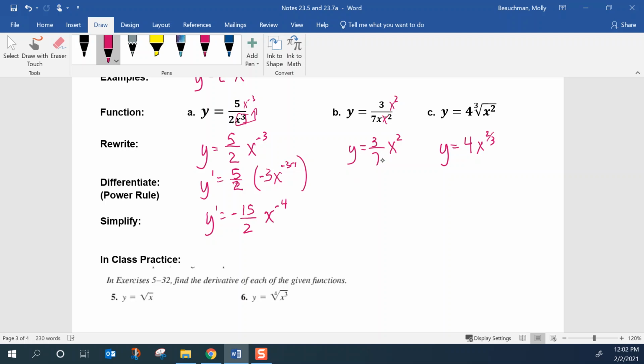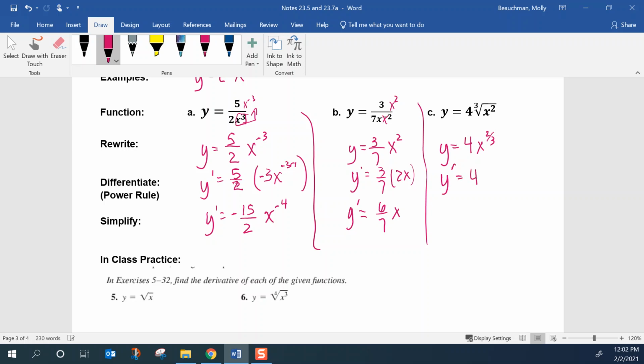Next, we have y equals 3/7 x squared. Y prime is going to be 3/7 times the derivative of x squared, which is 2x. So y prime is equal to 3/7 times 2, that's like 2 over 1, 6/7 x. Third example, y is equal to 4 times x to the power of 2/3.